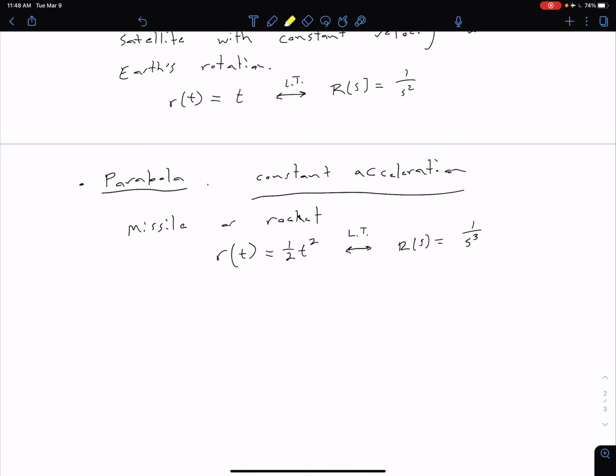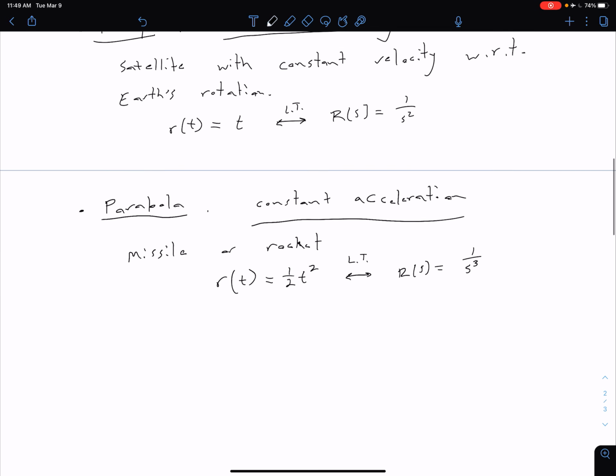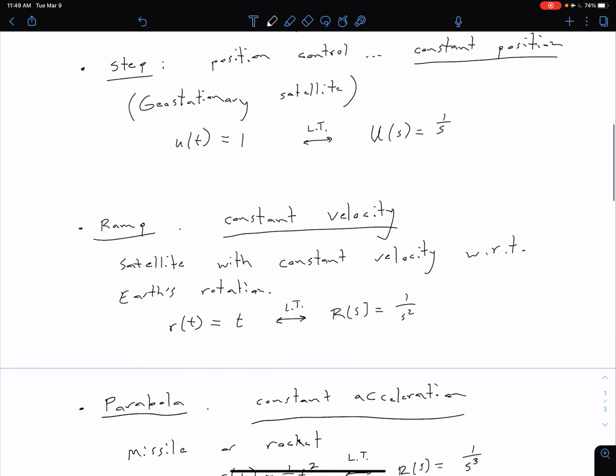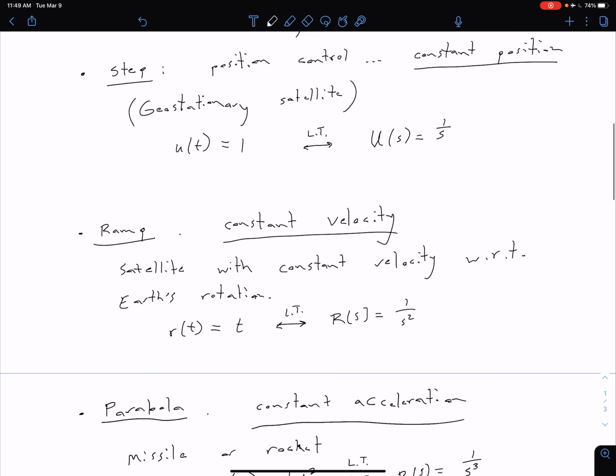It's important to note that this 1/2 is our standard unit parabolic input in our time domain, and that 1/2 corresponds to having a unity numerator in our frequency domain. Again, we can adjust this by some gain, and that's going to show up in the numerator in our frequency domain. So these are our 3 common inputs that we're going to see throughout the rest of this unit.